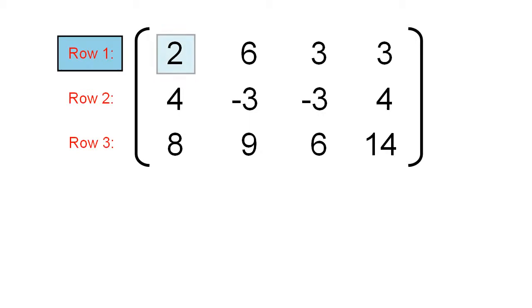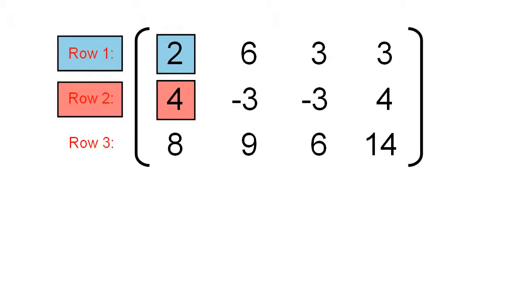We start with row 1, and its non-zero entry at the beginning there, and we want to use a combination of row 1 with row 2 to eliminate that 4 there in row 2. We want the 4 to become a 0. So let's see, we have to use a linear combination of row 1 with row 2 in order to achieve that.